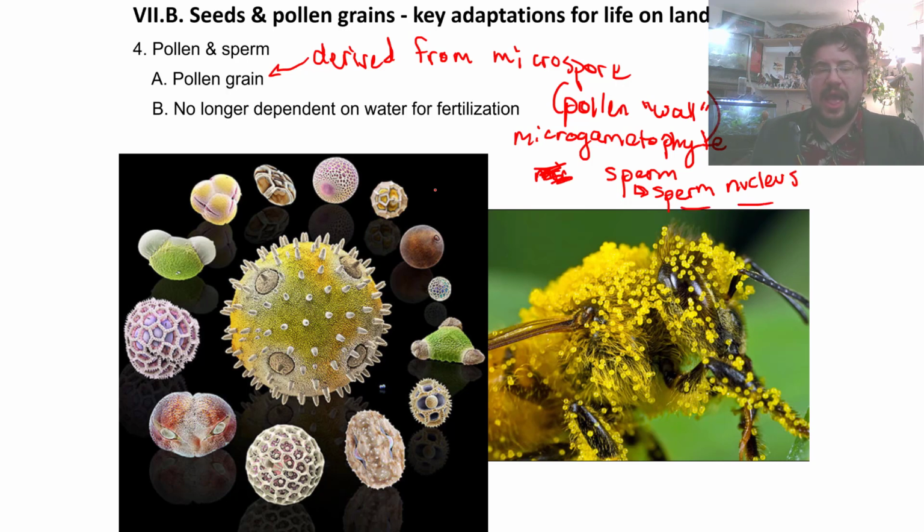So we no longer have flagellated sperm, and because we no longer have flagellated sperm, we do not need water for fertilization. Right? So for our pollen dispersal methods, generally it comes in 2 flavors: wind and animal vectors, like our friendly little bee here. Aw, cute little bee covered in plant sperm.